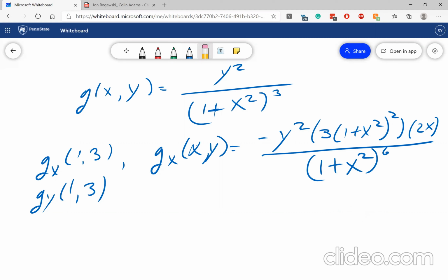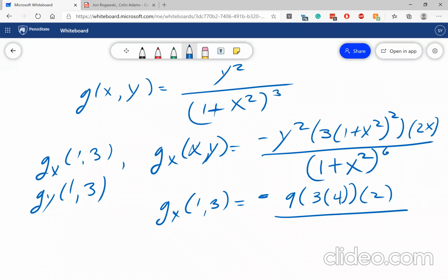So just doing the quotient rule. And then at (1, 3), this is going to be negative 9 times 3 times 4 times 2 all over 2 to the 6th power.